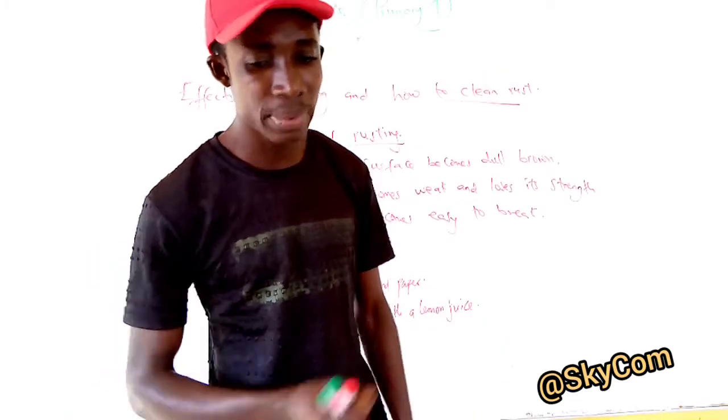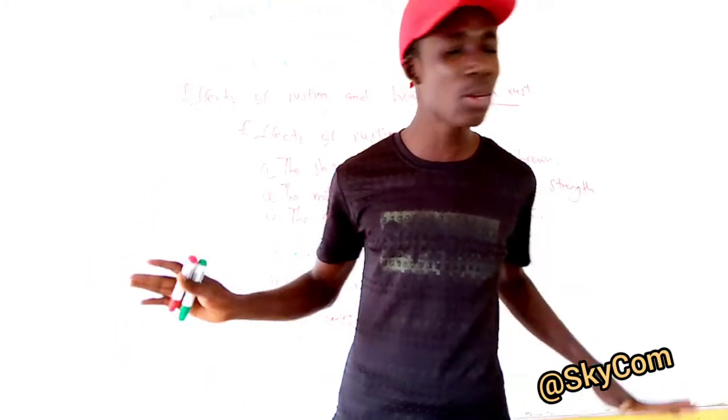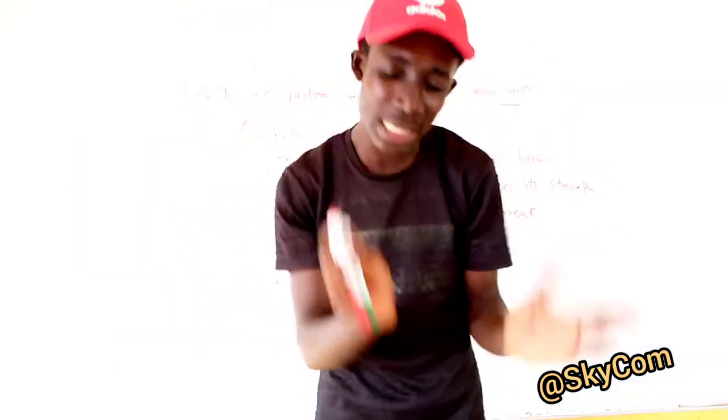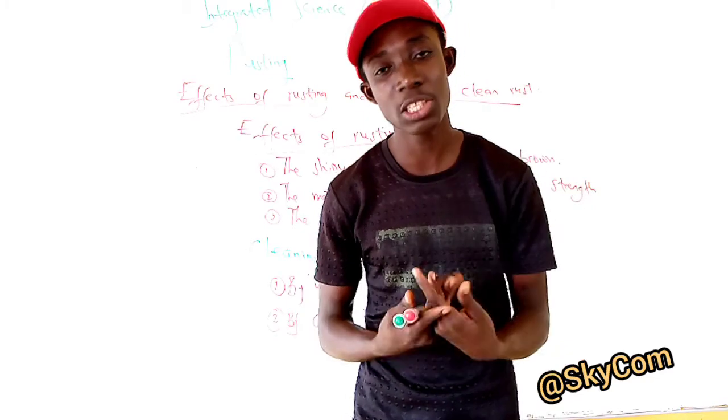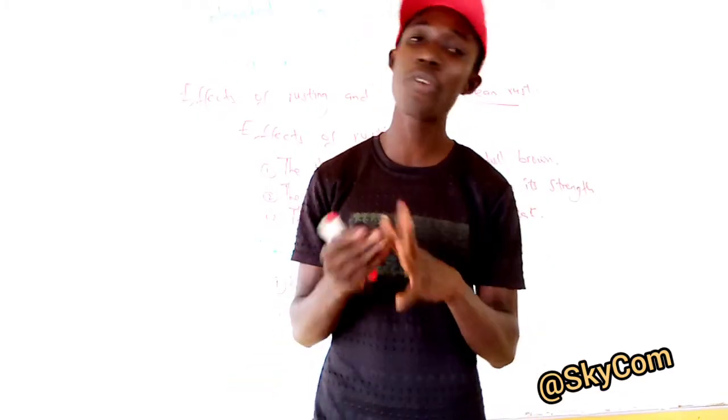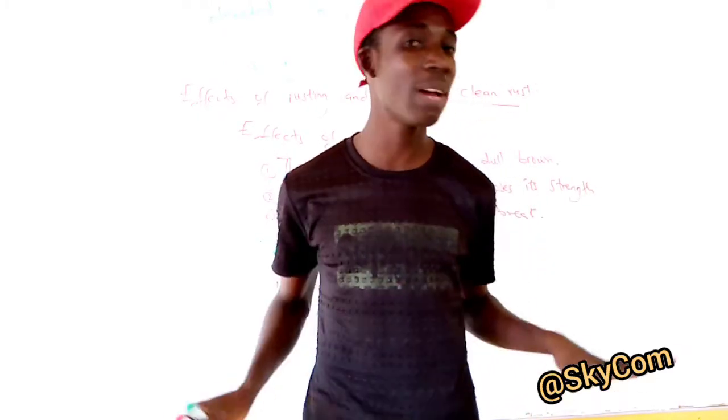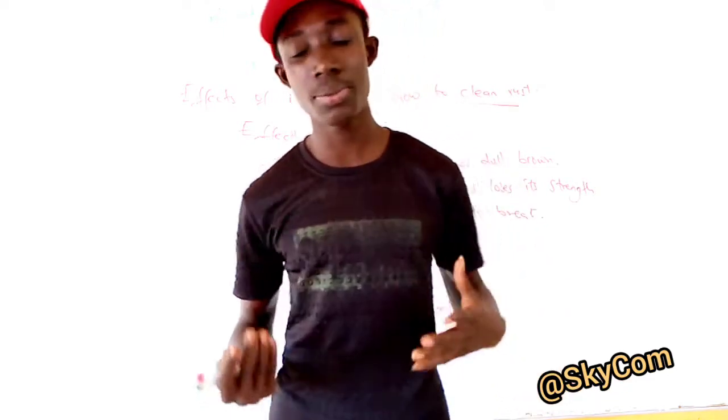I believe you are okay. If you have any question, feel free and reach us on the WhatsApp page. Send all your questions to us, whether by voice or by writing it, and then we will answer them for you.